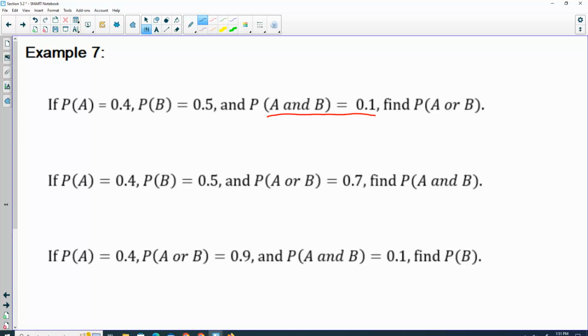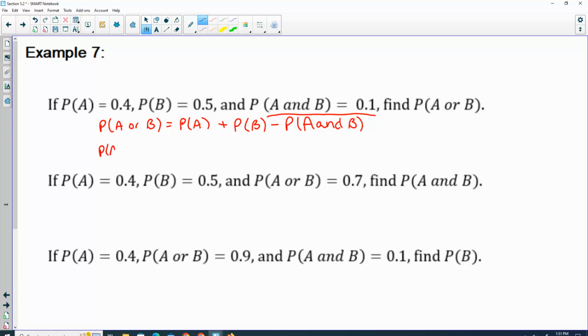We're basically looking for the formula that has the things we have. So the probability of E or F, just change those to A's and B's. So the probability of A or B is probability of A plus probability of B minus probability of A and B. And sub in what we have.